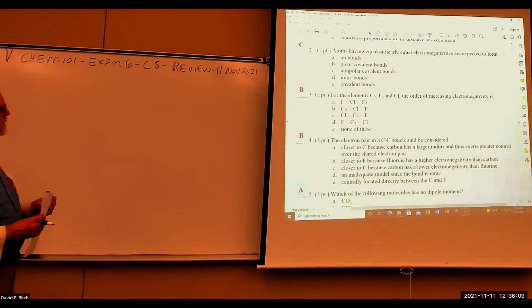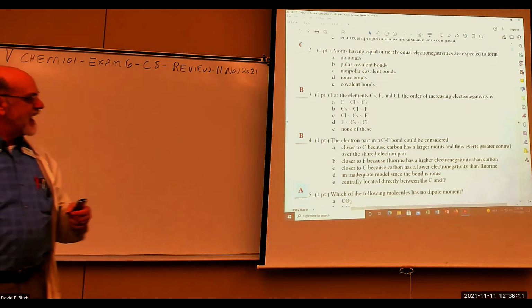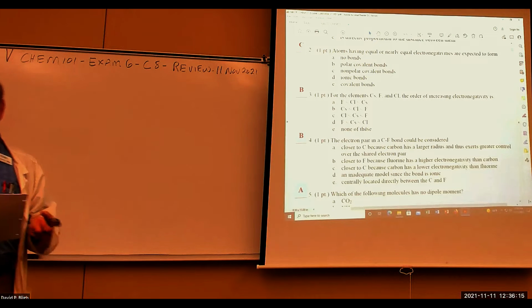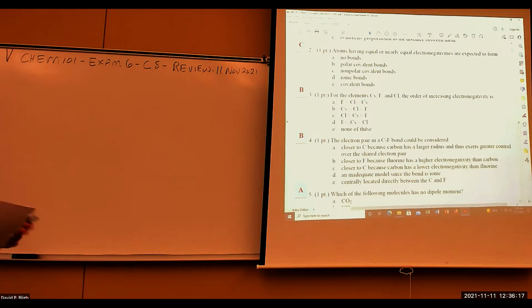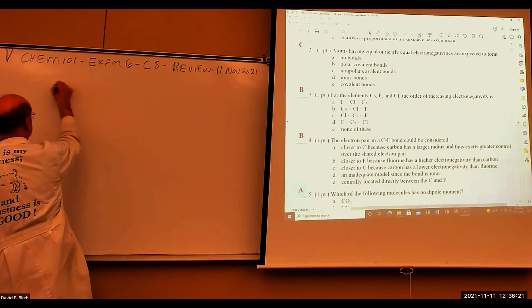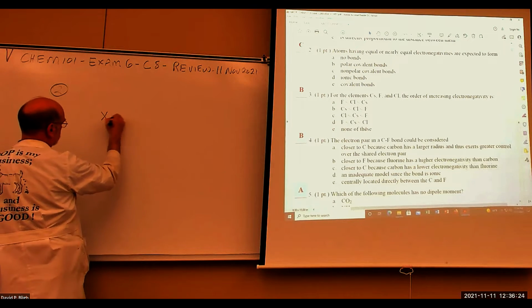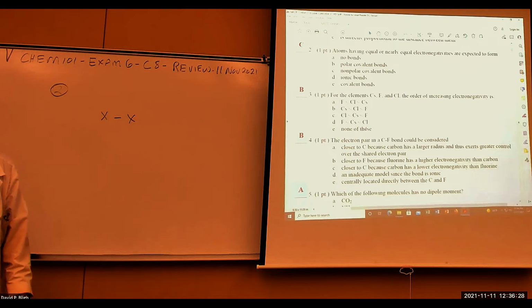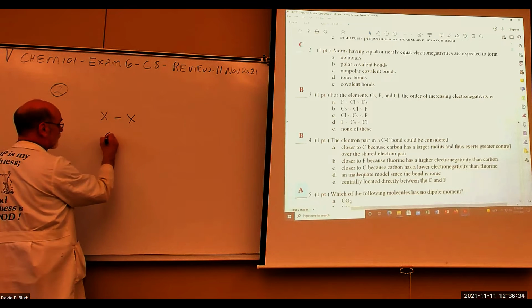Number 2, I don't even have to write that one up there. Atoms having equal or nearly equal electronegativities are expected to form what kinds of bonds? If they're both the same or very close to the same in the electronegativities, then first of all, you should get a covalent bond.